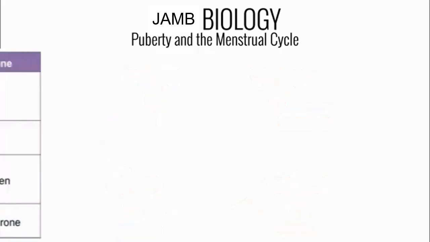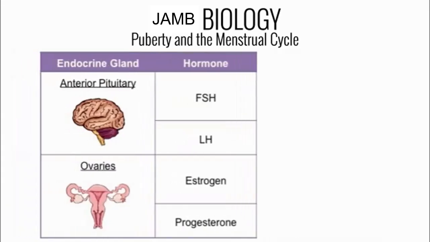This process is controlled by 4 major hormones: the follicle stimulating hormone, FSH, estrogen, the luteinizing hormone, LH, and progesterone. Let us consider the effects of each of these hormones one after the other.